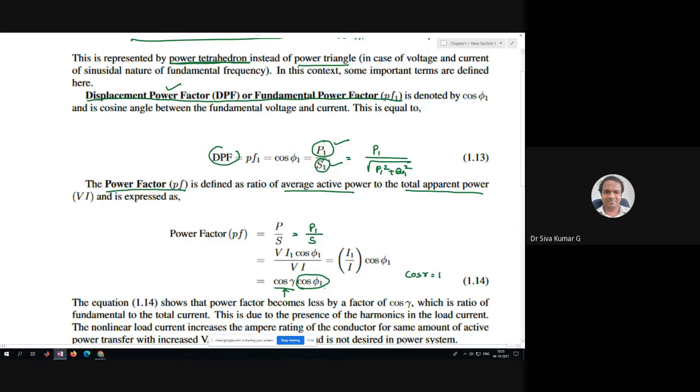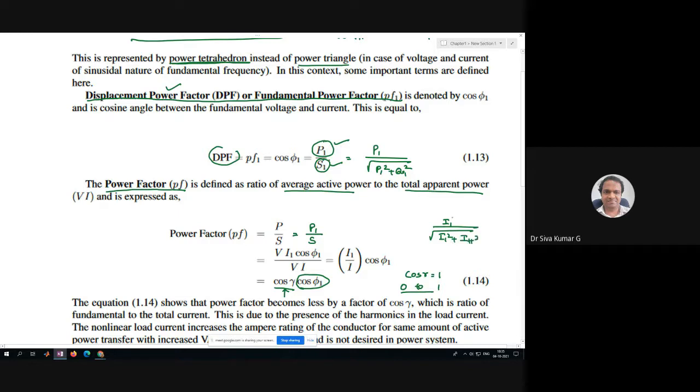If any other factor is there, generally the cos value takes from 0 to 1. The I1 by I is I1 by the square root of I1 square plus the harmonic current square.